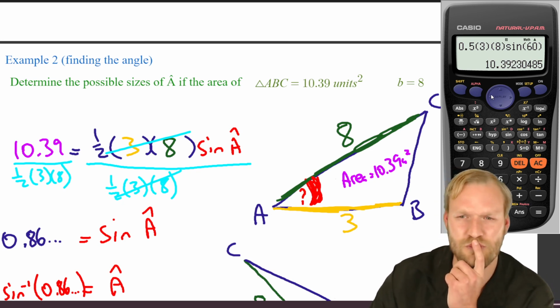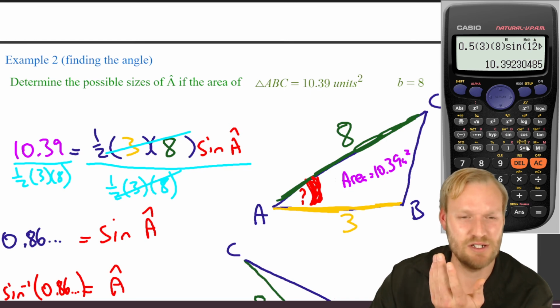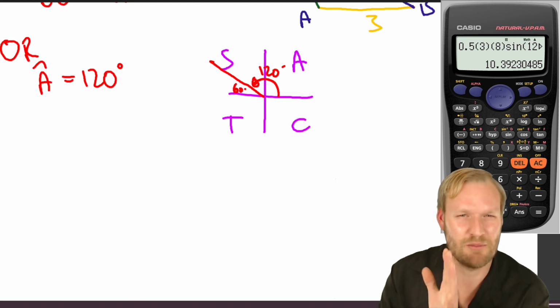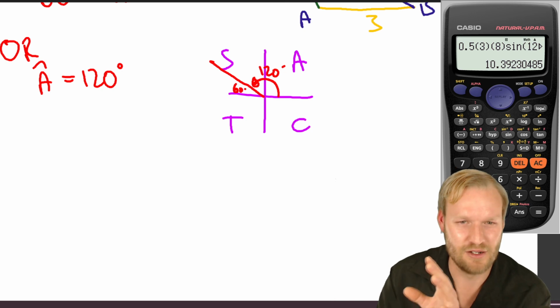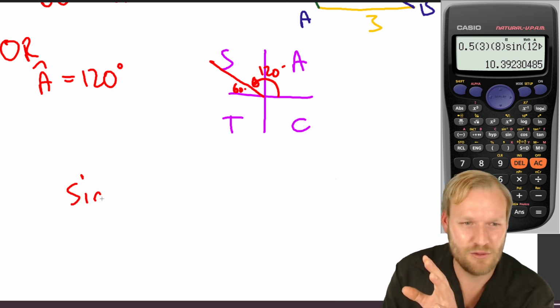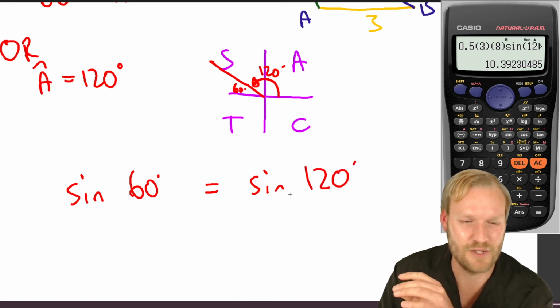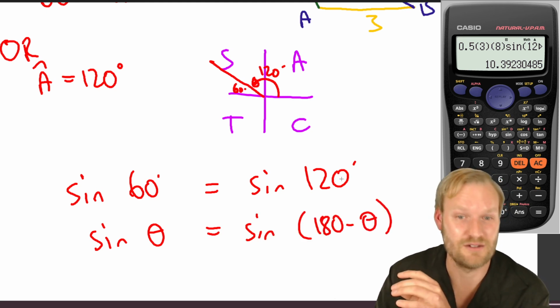Okay, but now what happens if we change that to 120? Same answer, right? So we need to have our trig in the back of our mind. Of course, this is still trig, but it's not just blindly entering into a formula. We should know that sine 60 is the same as sine of 120. Remember, sine of theta is just the same as sine of 180 minus theta. So 180 minus 60 gives us our 120.